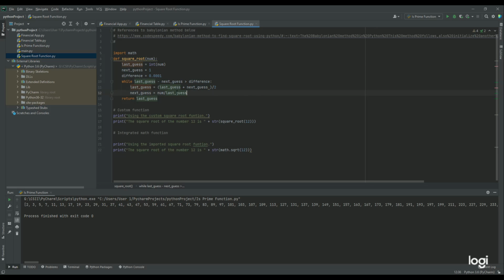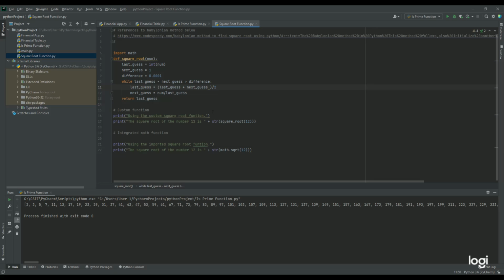Last guess will be last guess plus next guess, so it'll do 12 plus 1, then it'll divide that by 2. So 13 divided by 2 gives us a rough 6.5. So it assigned a new value to last guess, which is 6.5. Next guess will then be the number we inputted, which was 12, divided by the last guess. So the last guess just changed.